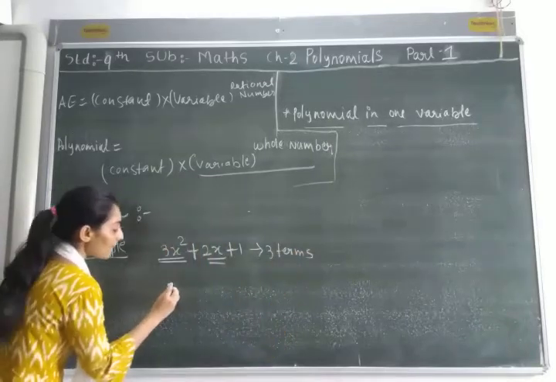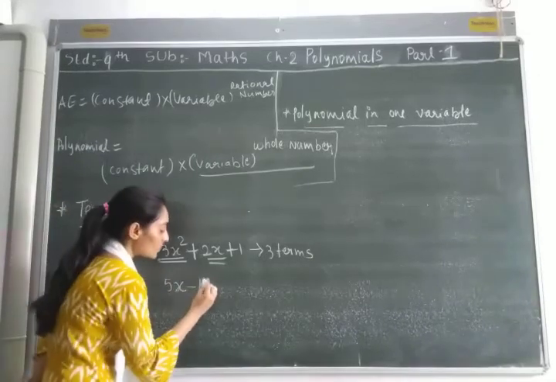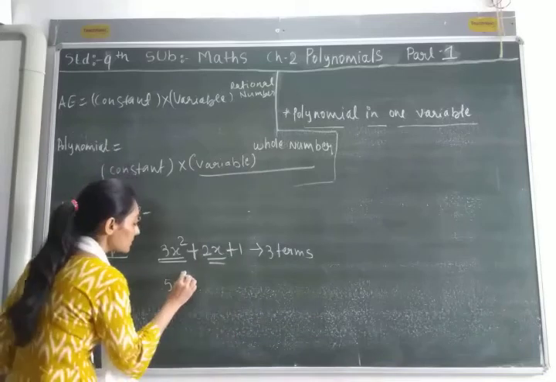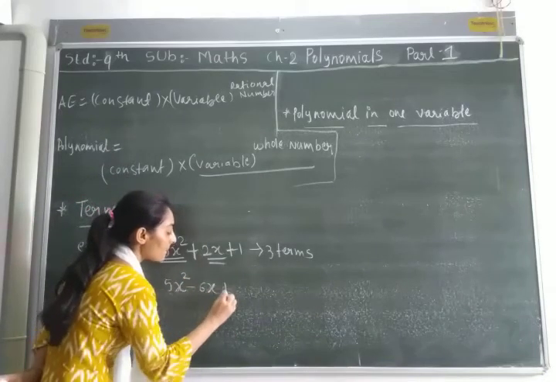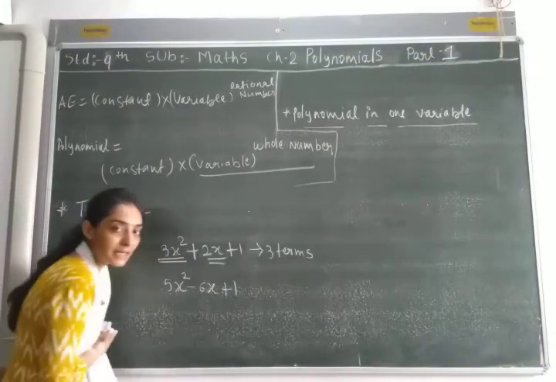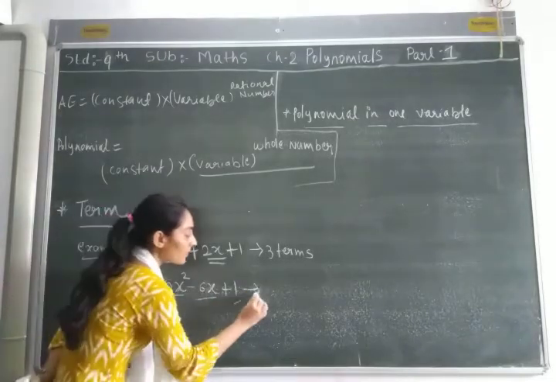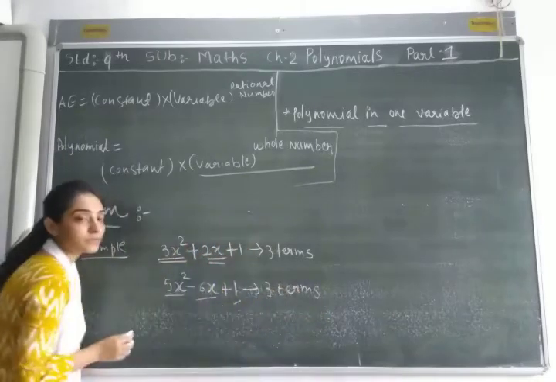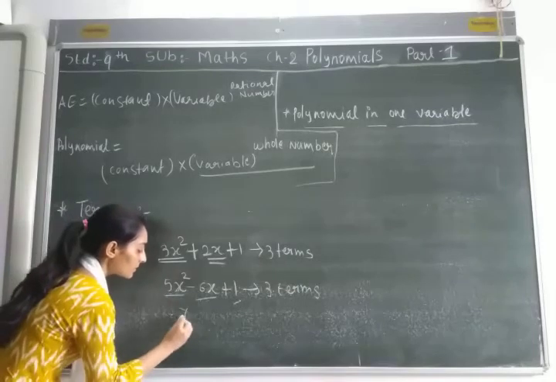Let's take one more example: 5x square minus 6x plus 1. Now look over here. How many terms are there? My first term, second term and third term: 3 terms again. Now 7x.